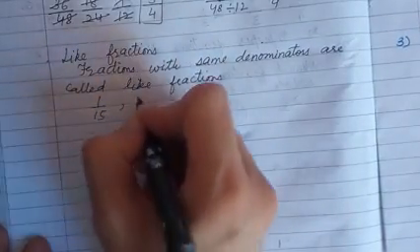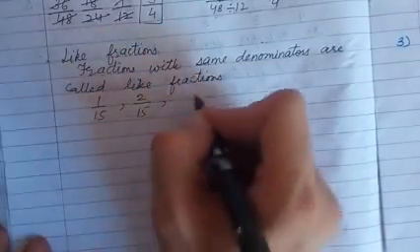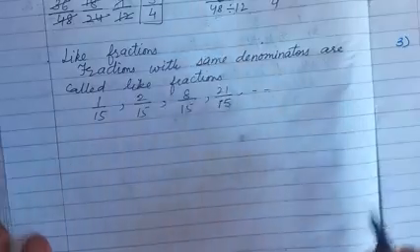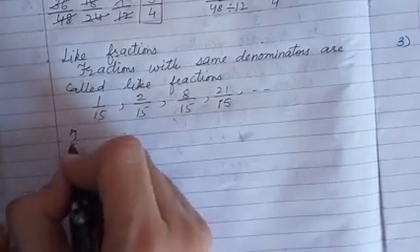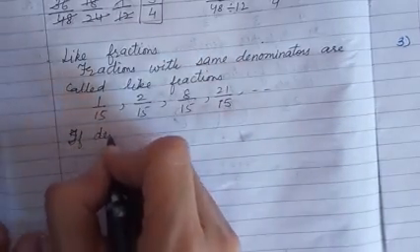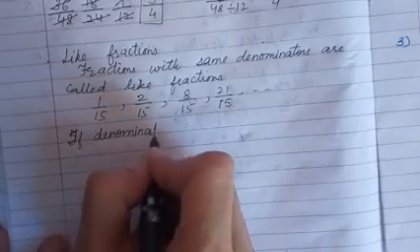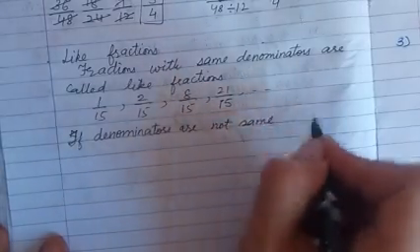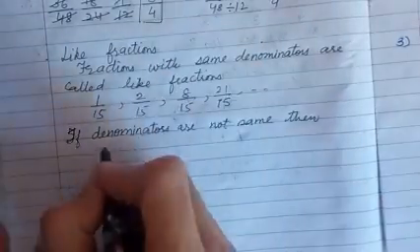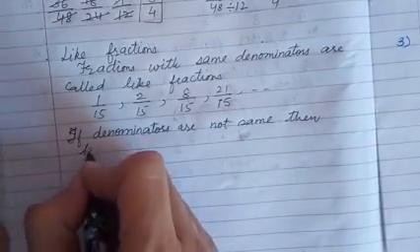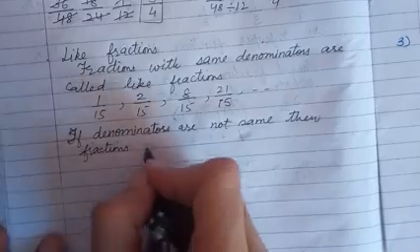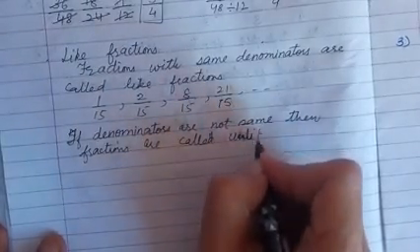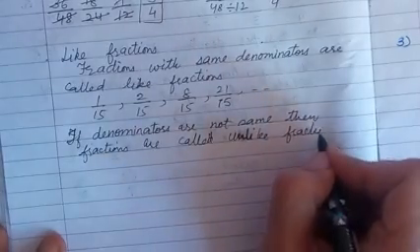Example, 1 upon 15, 2 upon 15, 8 upon 15, 21 upon 15, and so on. And if denominators are not the same, then the fractions are called unlike fractions.